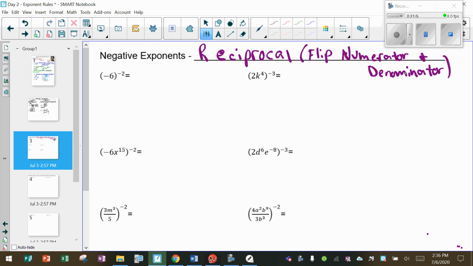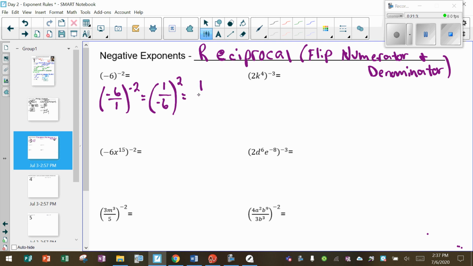So what happened here is this actually turned into, instead of negative 6 over 1 to the negative second, the negative exponent says flip it, or switch the numerator and the denominator. That's what the negative exponent tells you to do. Once that action is carried out, the exponent that was a negative 2 will now turn into a regular positive 2.